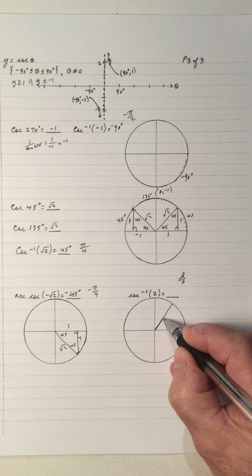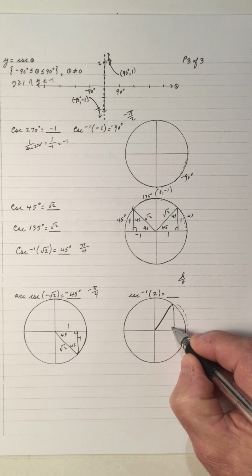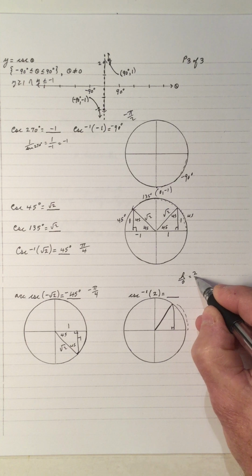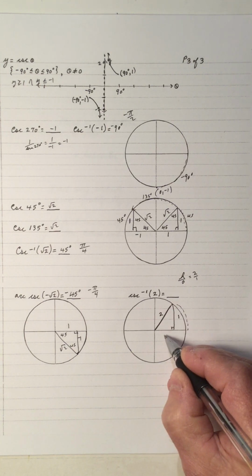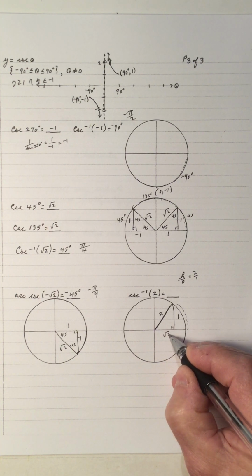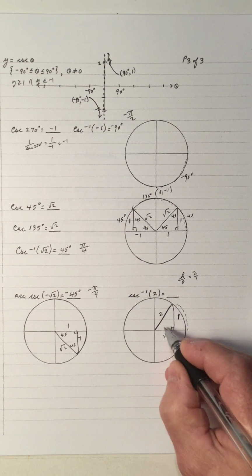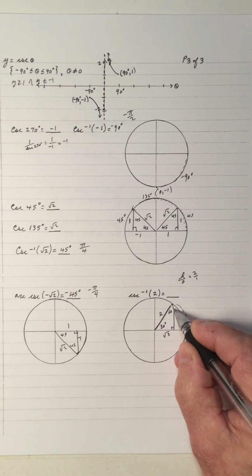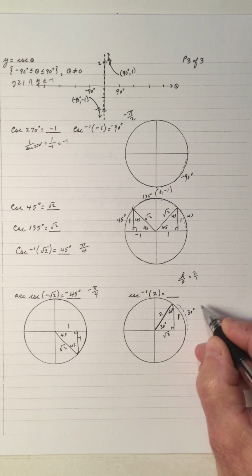So we have a rotation in the first quadrant, perpendicular to the x-axis, and this is 2 over 1, so the hypotenuse is 2, the opposite is 1, so that's 2, 1, and this is a root 3. X is positive, y is positive, hypotenuse is positive. Since that's a 1, this must be a 30-degree angle, this is a 60-degree angle, so the rotation here is 30 degrees.